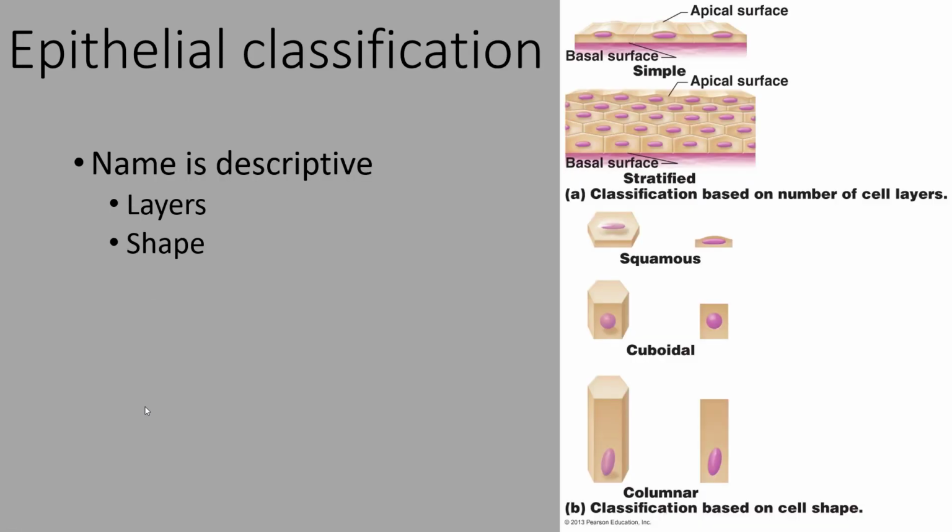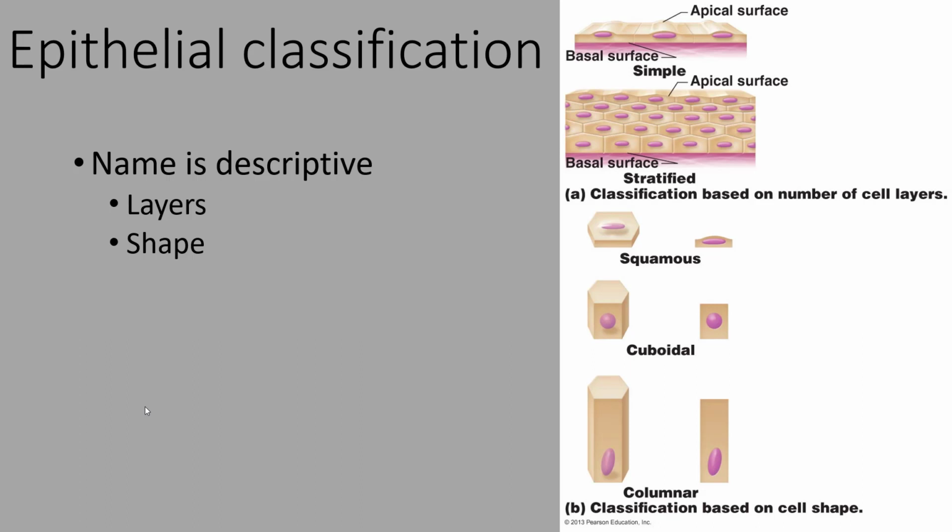And as we saw in lab, we can classify epithelial tissues using usually two words. The first word, simple or stratified, tells us how many layers there are. Simple is a single layer. Stratified is more than a single layer. And the second word tends to be something to do with the shape. Squamous, squashed, flat.